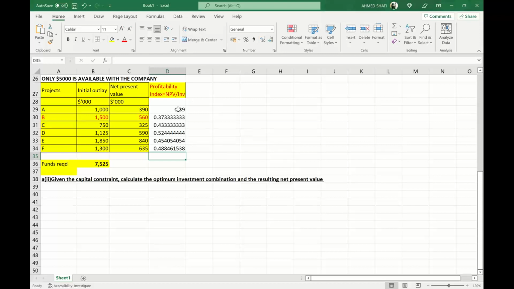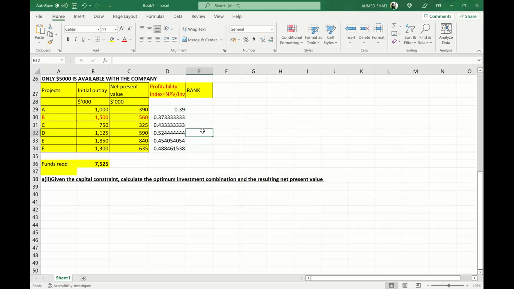Okay. Once you have the profitability index of each option, the next step is you must rank all projects based on their profitability index.